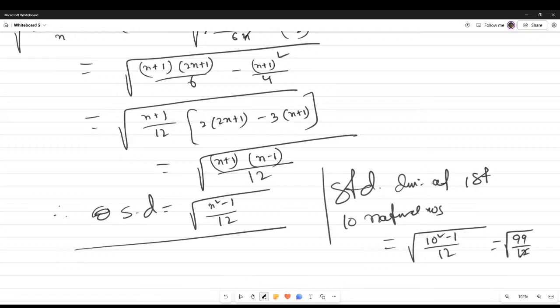For example, for n equal to 10, root 99 by 12, under root 33 by 4, something like 8.125, like this. Then find the square root. Hope you remember how to find the square root.